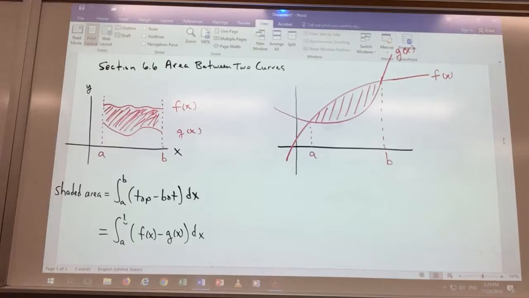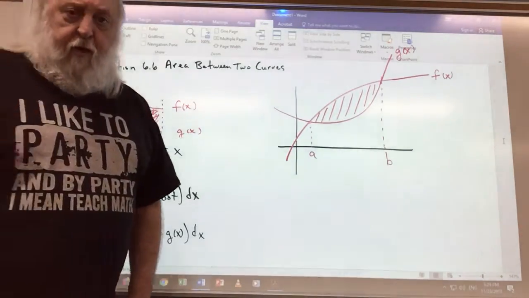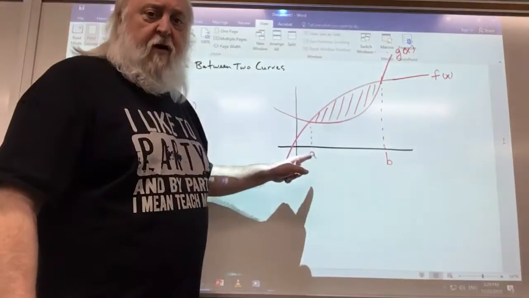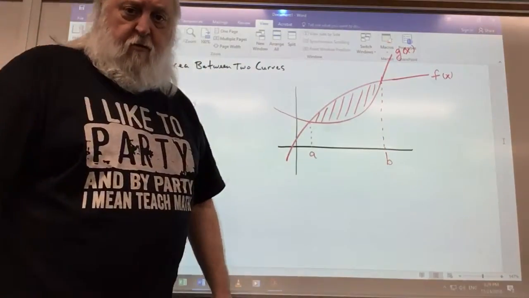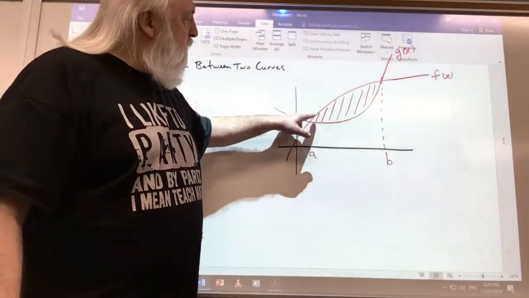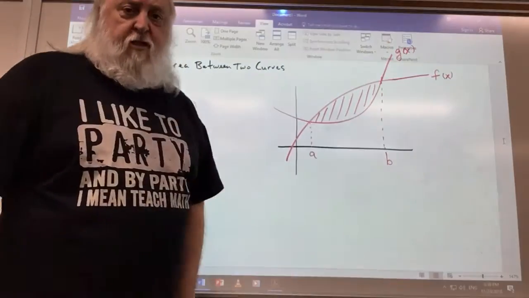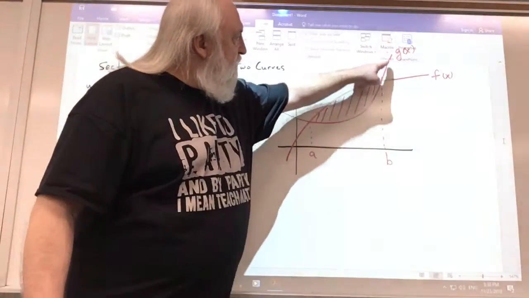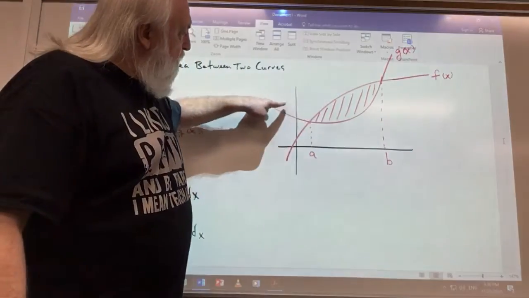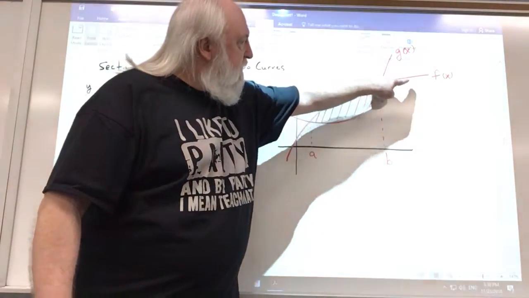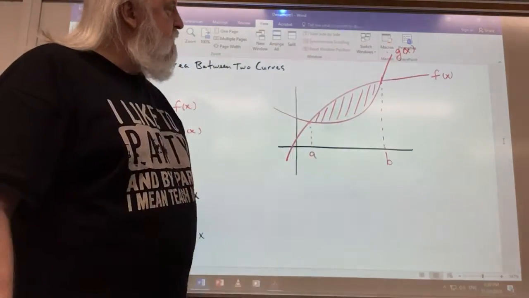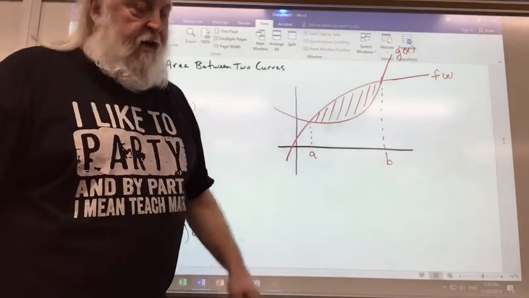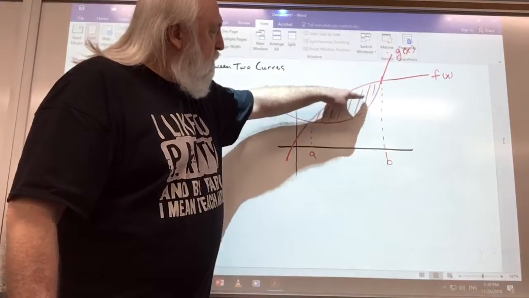Now, in most of the examples we're going to work, the two functions are going to cross each other in two locations, and we're interested in the area sandwiched between the two functions. So here the bottom curve is the function g of x, and the top curve is the function f of x. We're interested in the size of the shaded area sandwiched between those two functions.